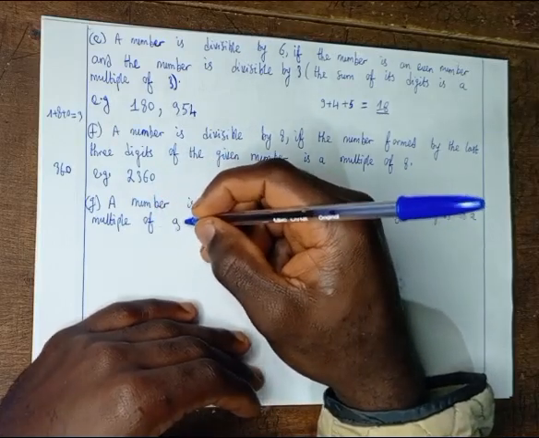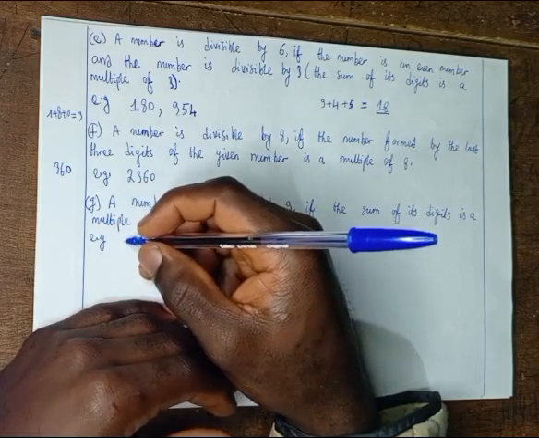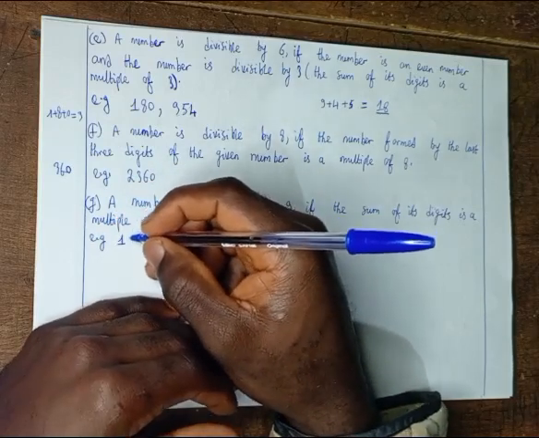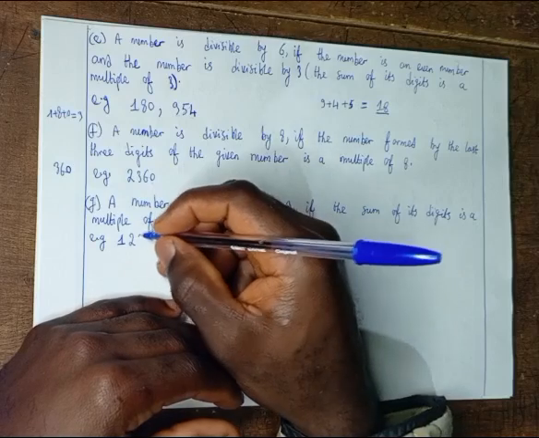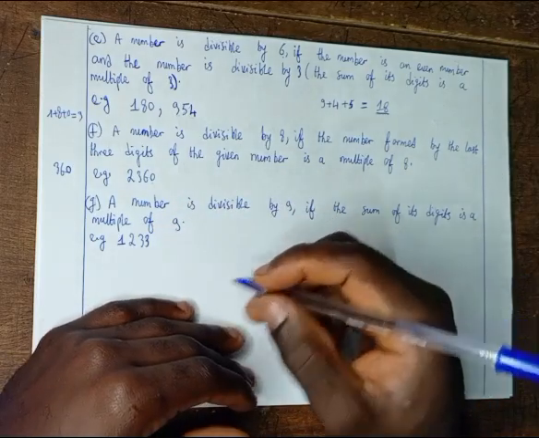Let's take, for example, the number 1233. This number is divisible by 9.